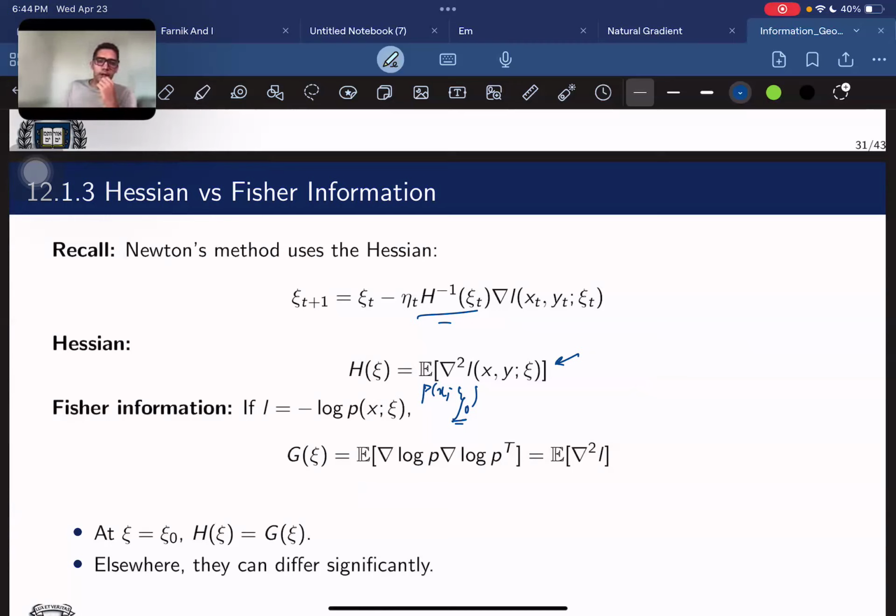Okay. But in the natural gradient descent, you are taking the expectation with respect to the point you are at as well. So that's the only difference. And at the starting point of the algorithm, the Newton method, which uses the Hessian, and the Fisher information method are the same.